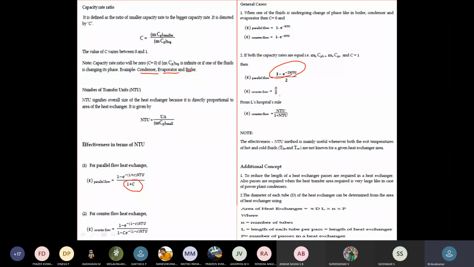For counterflow, the effectiveness will be equal to NTU divided by 1 plus NTU. So if C is 0, we can rewrite the same equations like this, and if C is 1, we can rewrite the same equations like this.